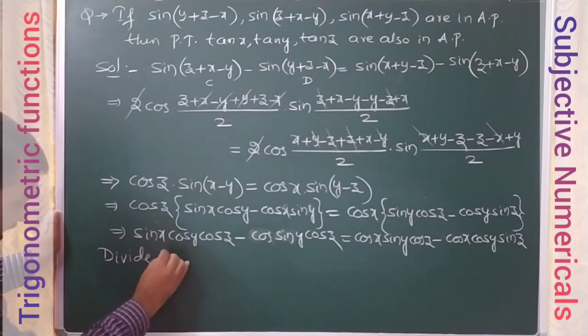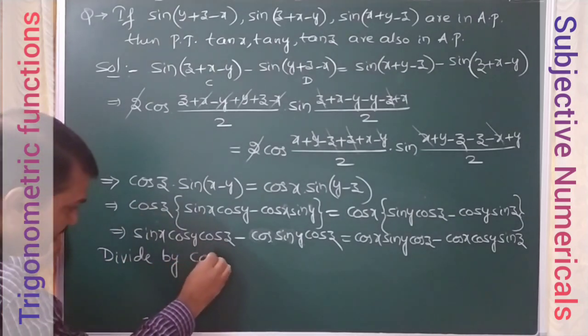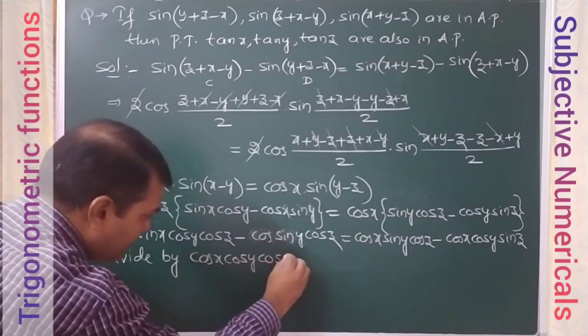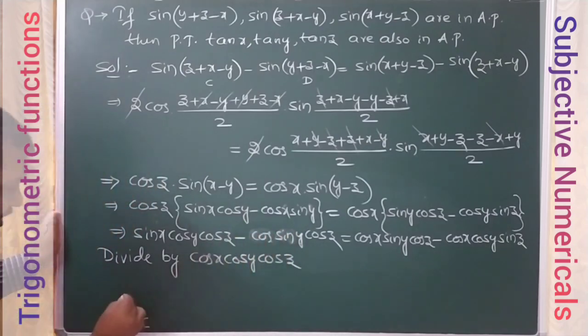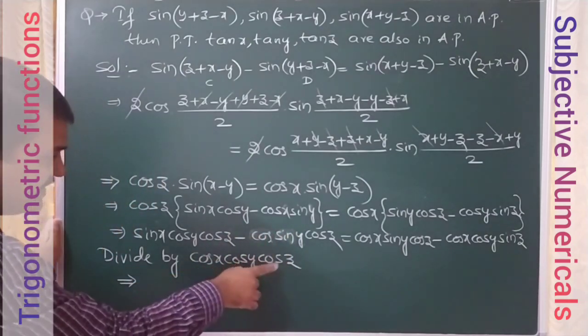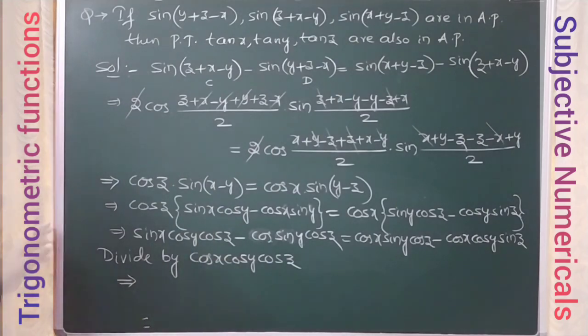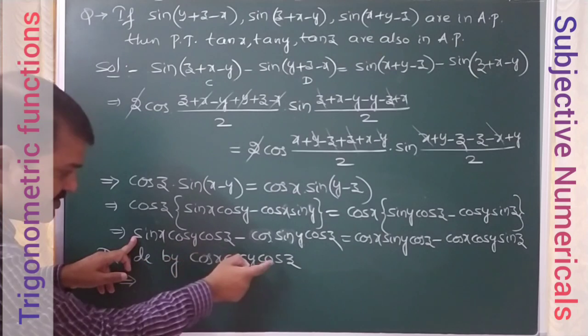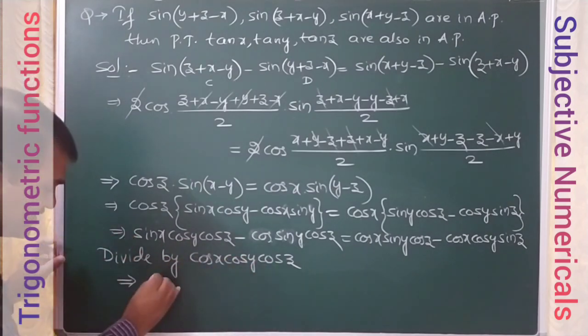So let us divide every term by cos x cos y cos z. First term divided with this: cos y cos z cancel, sin x by cos x, tan x will come.